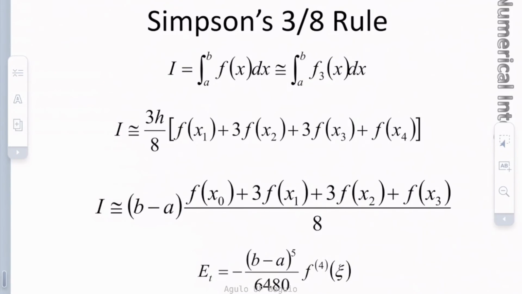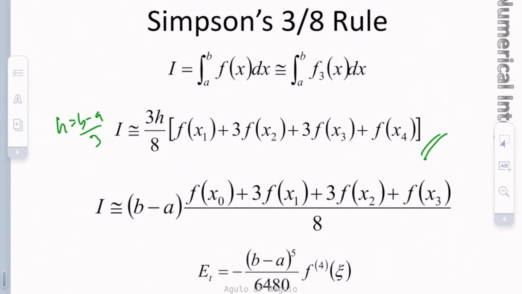Simpson's 3/8 rule results when a third-order interpolating polynomial is substituted into the general form of the integral. If a and b are designated as x1 and x4 and f3 of x is represented by a third-order Lagrange polynomial, the integration and a little algebra yields the second expression, where for this case, h is equal to (b minus a) divided by 3.